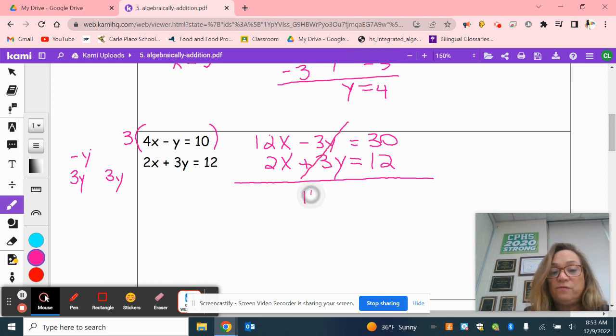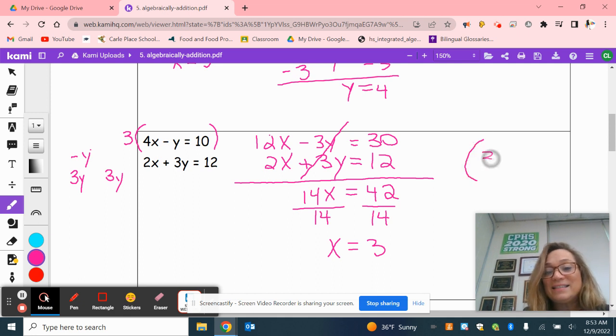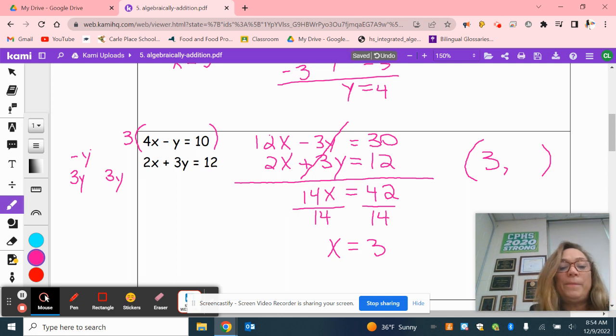So that gives me 14x is equal to 42. Divide by 14, and x equals 3. Remember, for every x, there's only one y. So I need to find the y. I'm going to go to the 2x plus 3y one.